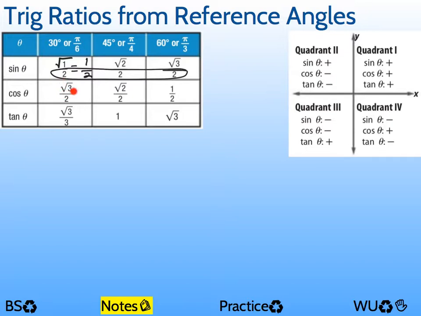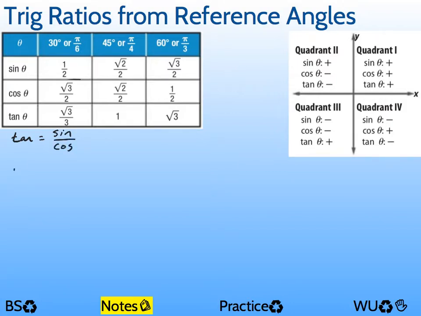Now notice in cosine, it starts with radical 3, radical 2, and then radical 1, which is just 1. Now when looking at tangent, it helps to know that tangent is equal to sine over cosine. So let's look at 30 degrees.